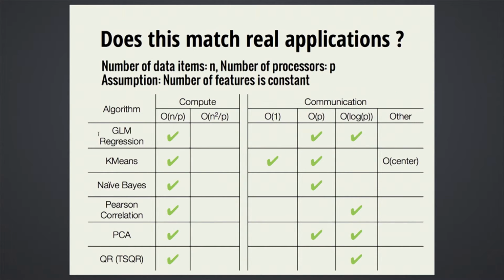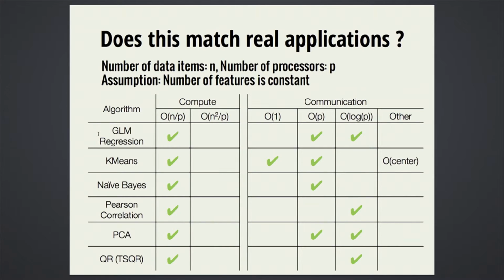The next step that we did is, does the model that we saw in the previous slide actually match the real world? So we took a look at all of the MLlib applications that ship as a part of Spark, and we tried to classify what are the patterns that occur in these applications. Here I show you the patterns that happen in GLM regression, k-means, naive Bayes, PCA, and so on.